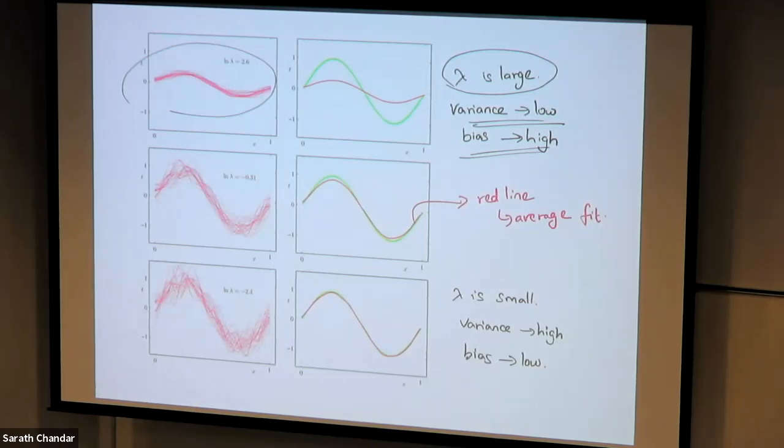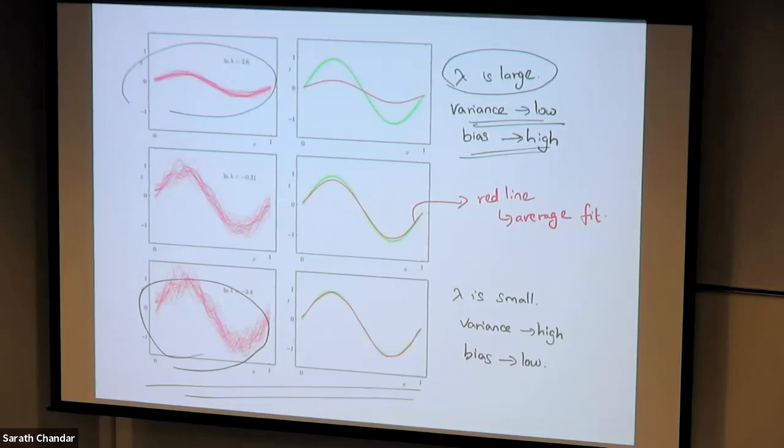In the other extreme, where lambda is too small, the variance is going to be high because there is less regularization, and the bias is going to be low. On the left side, you see 100 output functions, all wavy and wiggly, so there is high variance.